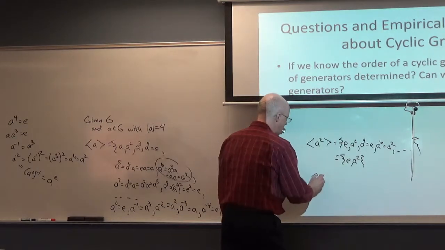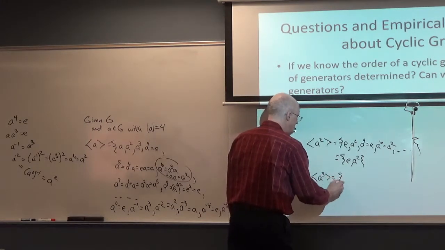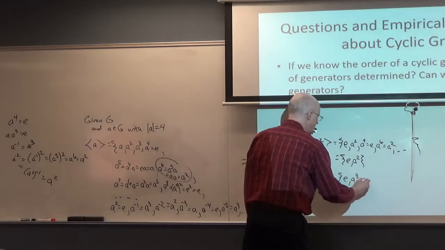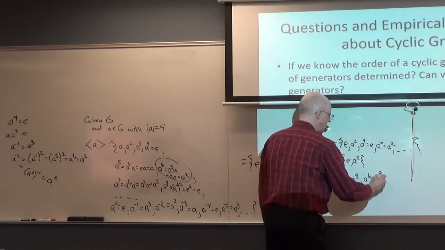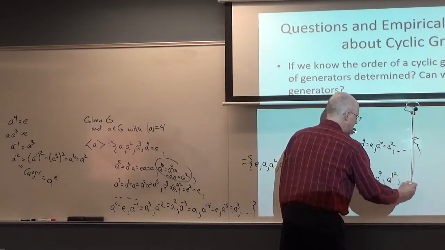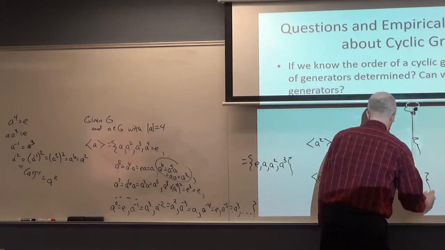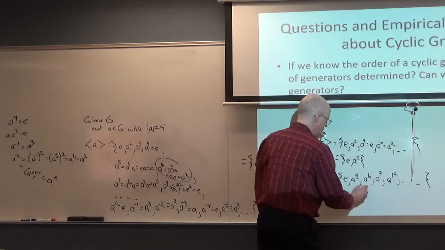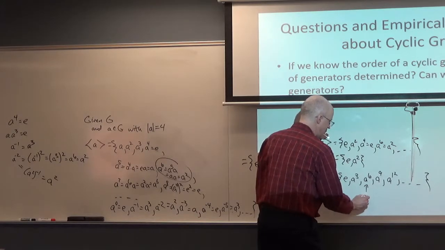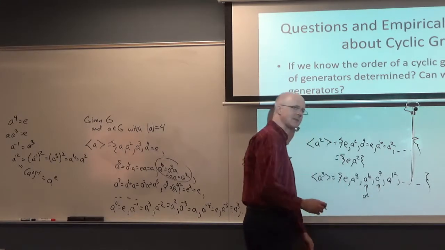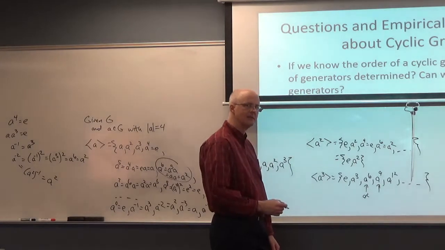What about the cyclic subgroup generated by a cubed? Again, I could consider negative powers. I'm not going to bother. That's the same as a squared. This is the same as what? A to the ninth. That should be the same as a.